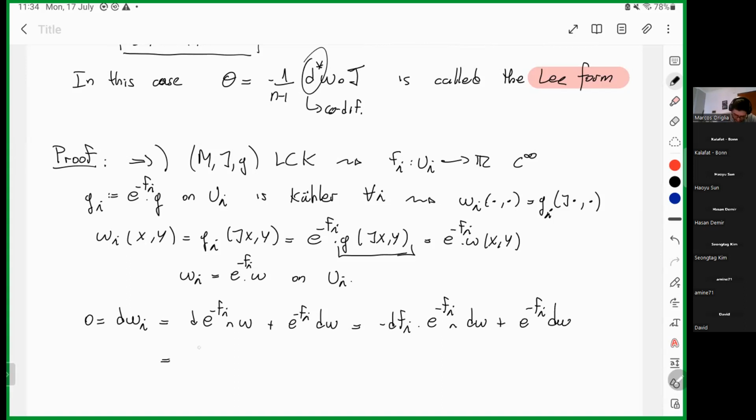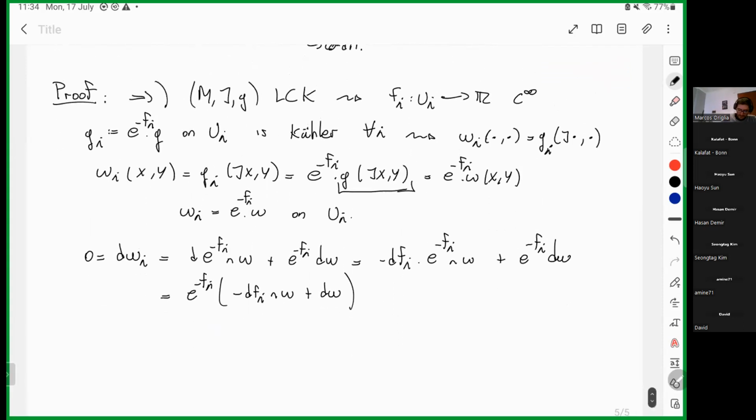And we can take the exponential as a factor. Here we have minus df_i wedge omega plus d omega.